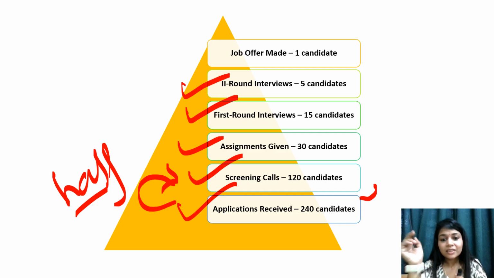Then the second round interview, just 30% of those in the first interview advanced further, indicating in-depth fit and competency testing. And finally, the job offer was made to only one person. Only 0.4% of the initial applicants received an offer, meaning the role is highly competitive and the process is very selective.